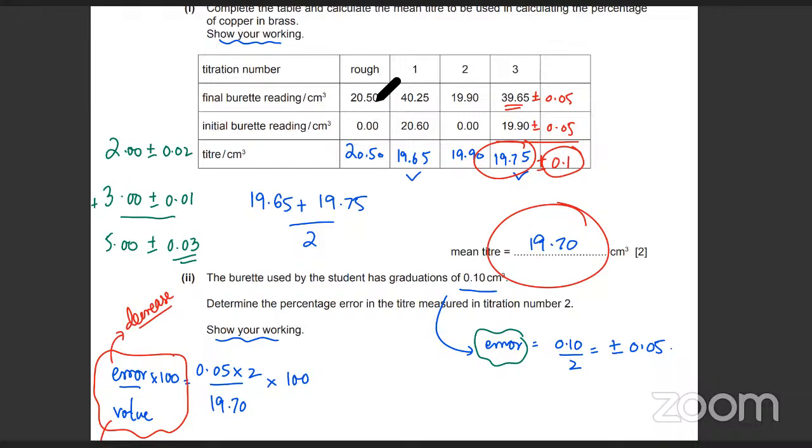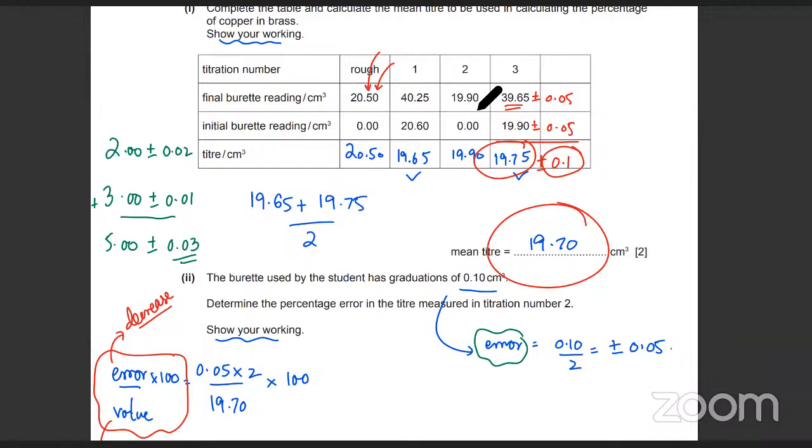The apparatus is not showing the second decimal place. The smallest graduation is the first decimal place. Over there he could read 5, over here he could read 2, he could read 9, but on the second decimal place he can't read anything.